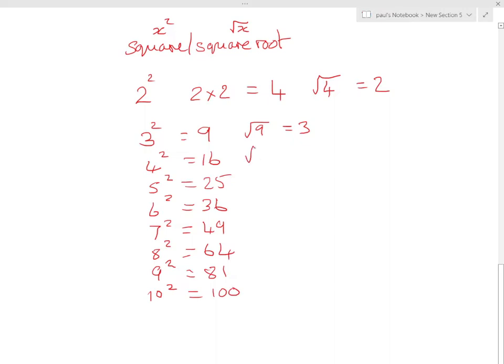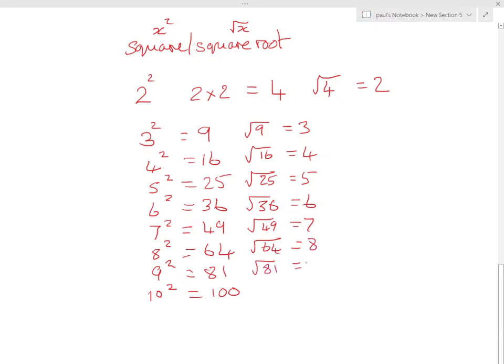So the square root of 16 is equal to 4, the square root of 25 is equal to 5, the square root of 36 is 6, 49 is 7, 64 is 8, 81 is 9, and 100 equals 10. So that's squares and square roots.